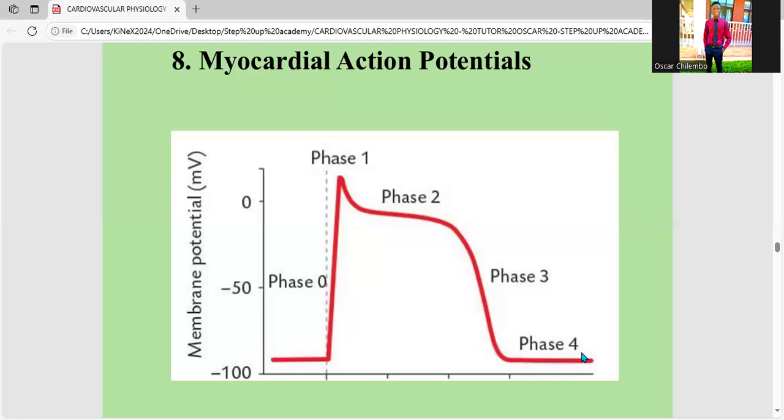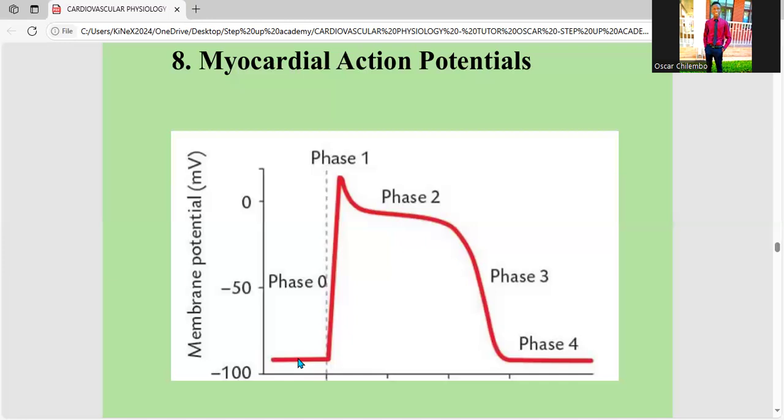So in phase 0, we call this initial depolarization. Why? Due to sodium influx. At this point, we call it initial depolarization because sodium starts entering inside the cell.